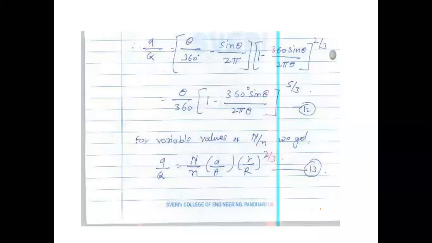If the variables are changed, then in that case you should write the equation for q upon capital Q is equal to n upon N into bracket a upon A into r upon R raised to 2 by 3. So for both conditions you can take the two different equations, but for the time being, check whether the q upon capital Q equation comes out the same when you solve it.